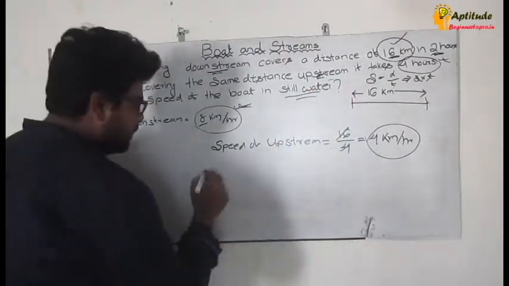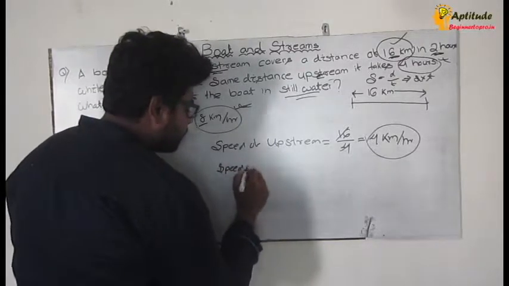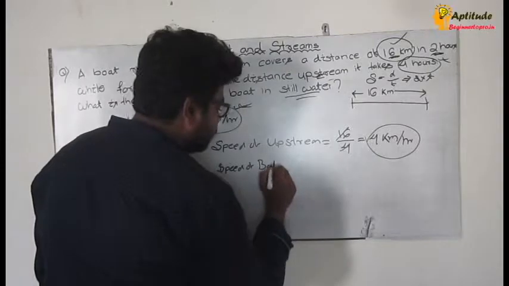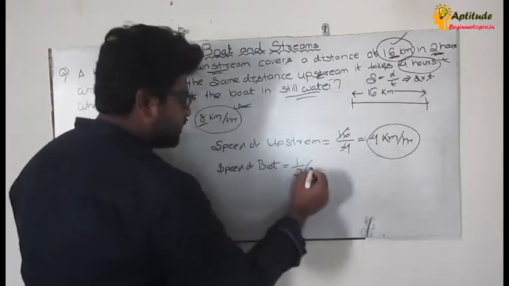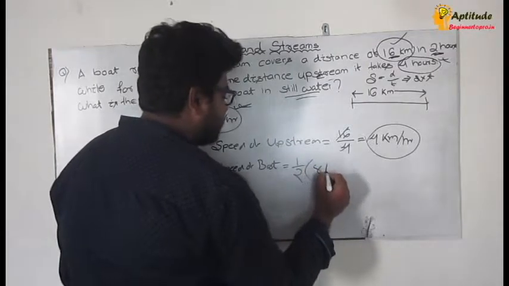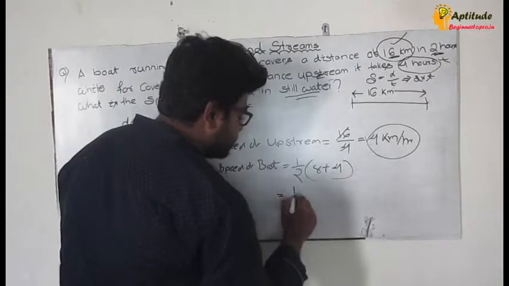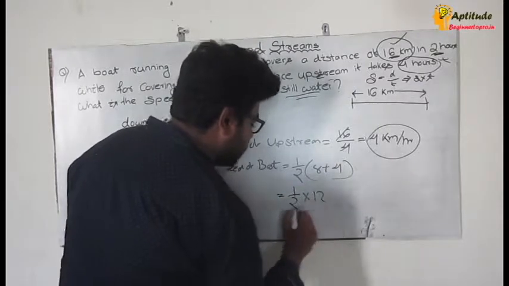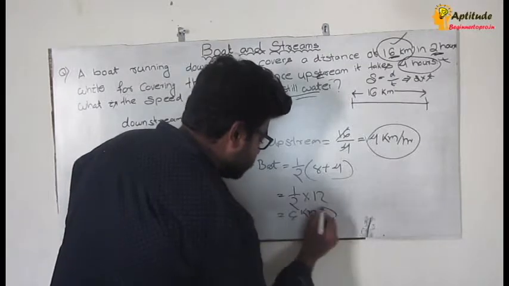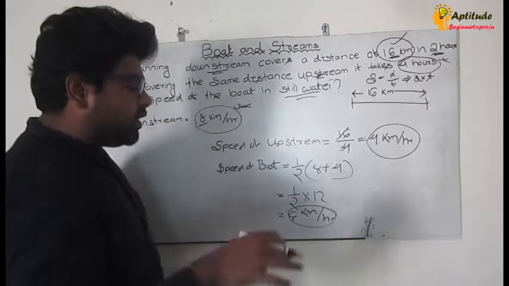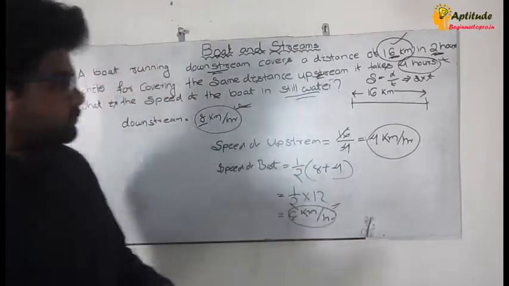We know the formula. So speed of boat is equal to half into downstream speed, that is 8 km per hour, plus upstream speed, that is 4 km per hour, that is half into 12, that is equal to 6 km per hour. So the speed of the boat in still water is 6 km per hour.